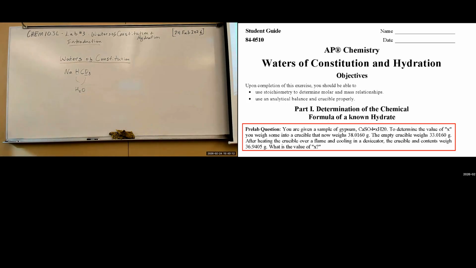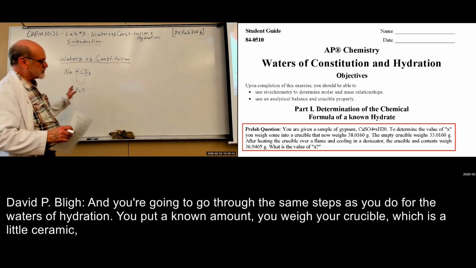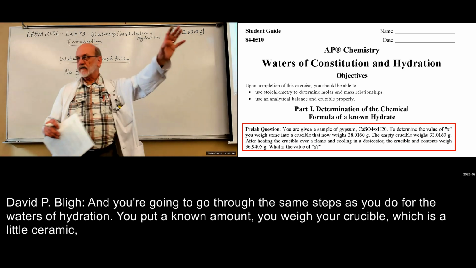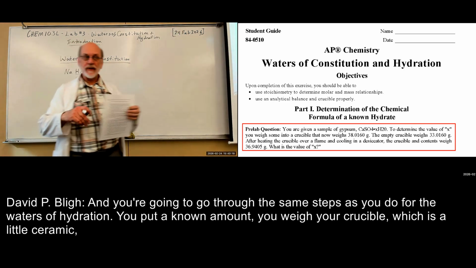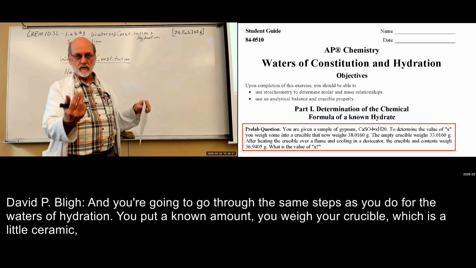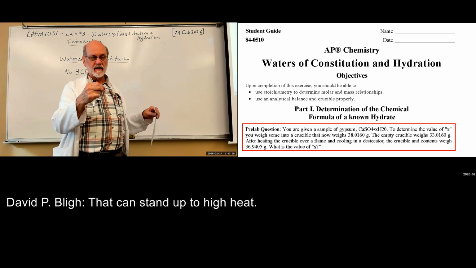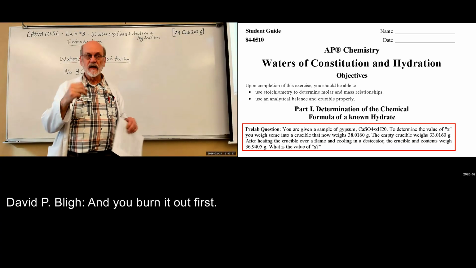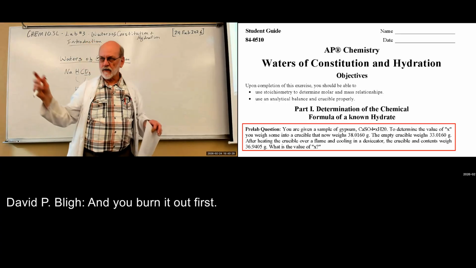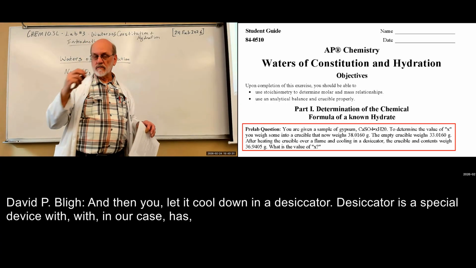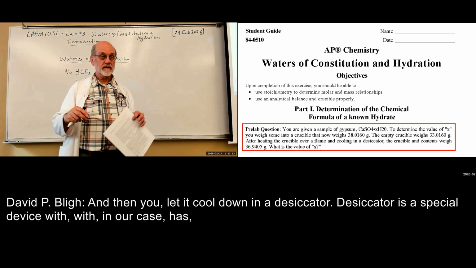And you're going to go through the same steps as you do for the waters of hydration. Right? You weigh your crucible, which is a little ceramic cup that can stand up to high heat. And you burn it out first, and then you let it cool down in a desiccator.